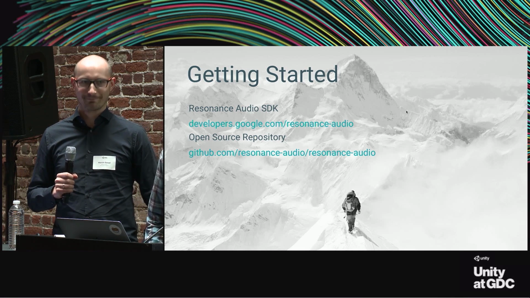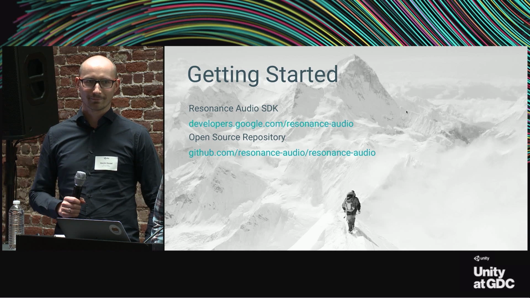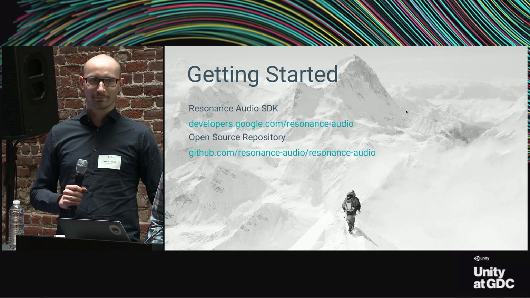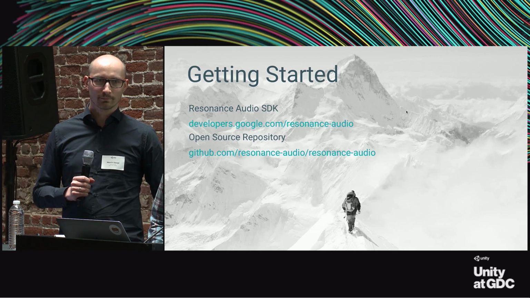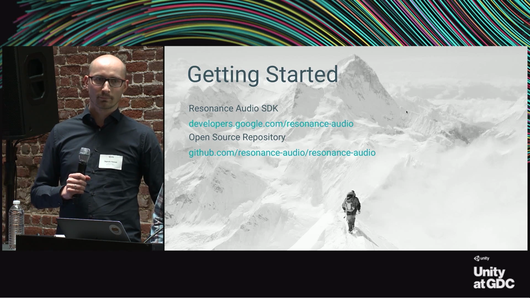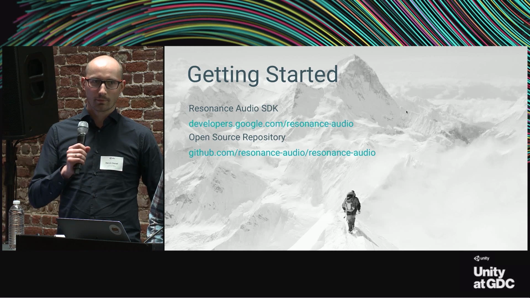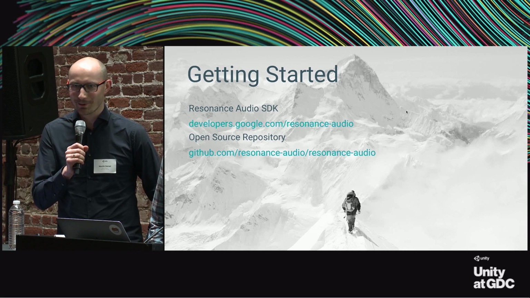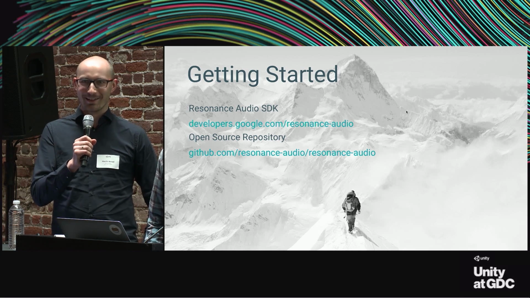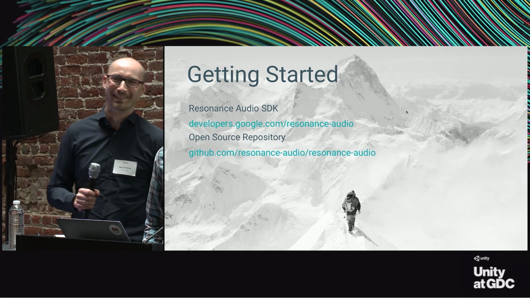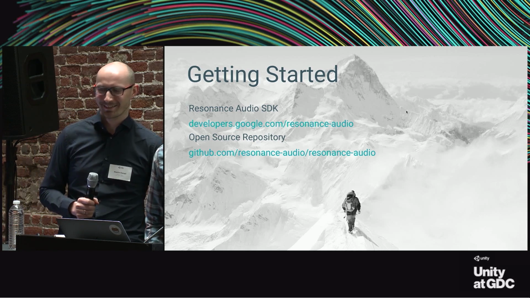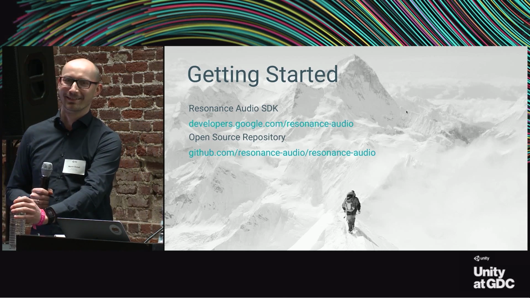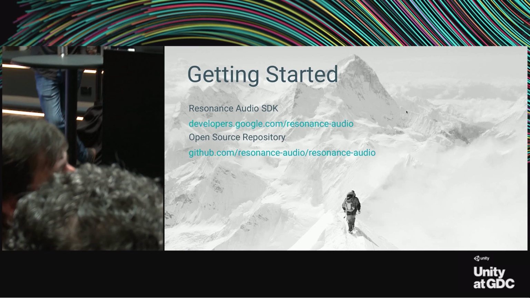Hey, Marcin. You were talking about intermediate encoding into an ambisonic sound field of your sound sources. How does that play with the Unity mixer hierarchy? So if you want to make sounds into intermediate buses, and then apply effects and stuff like that. Okay, I think we have an expert that could answer this question that's sitting just behind you. Yeah, so for Unity right now, the submixing hierarchy is something that we don't use because we mix ourselves.